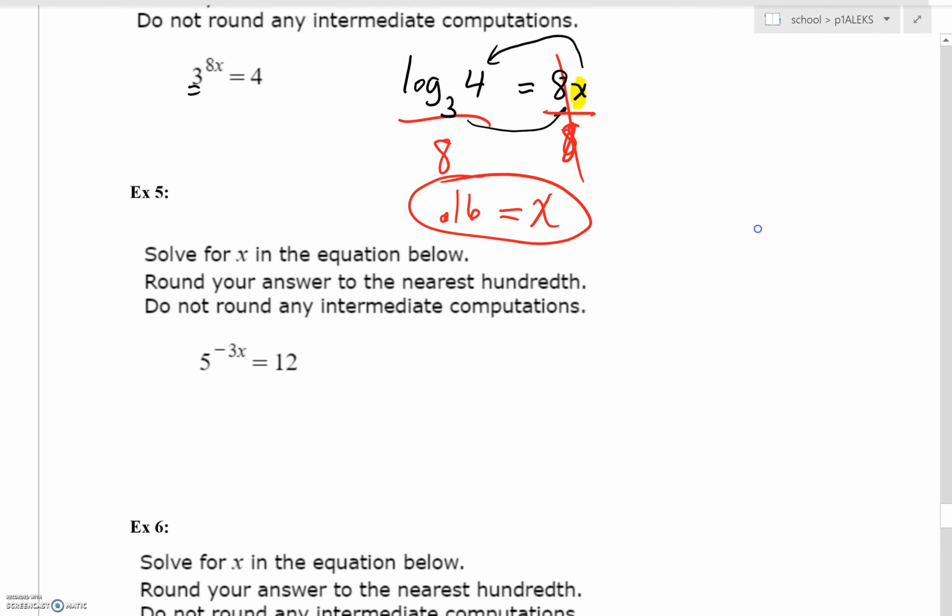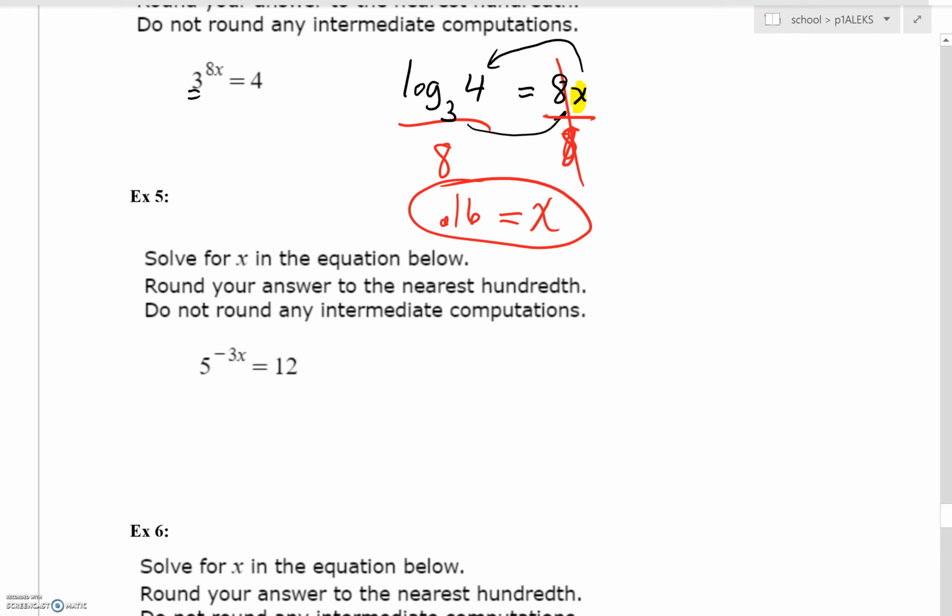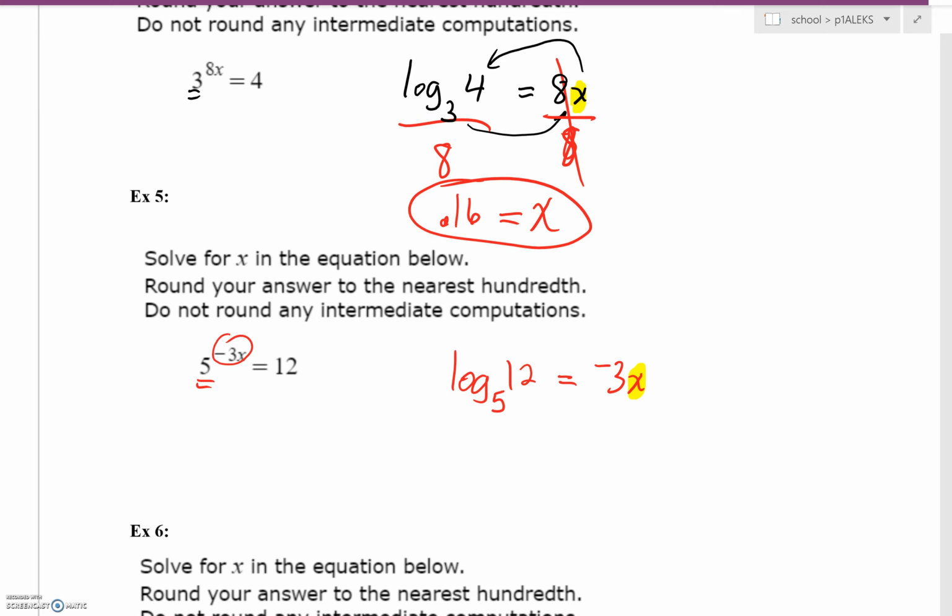Let's take a look at another problem here. We've got base 5, so we know we're going to have the log base 5. The power, this exponent, never goes inside the log. It equals the log. This 12 is what's going to go inside. And then you can see very quickly, our x is not alone. But we can get it alone when we divide by -3.